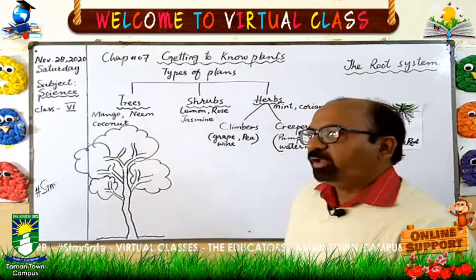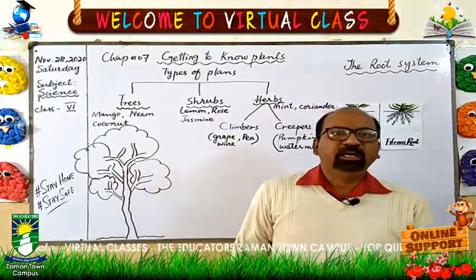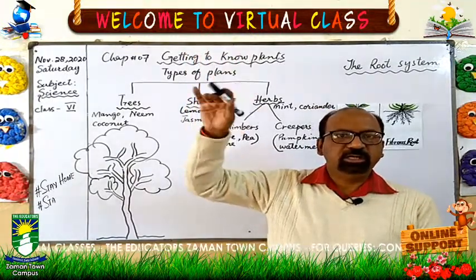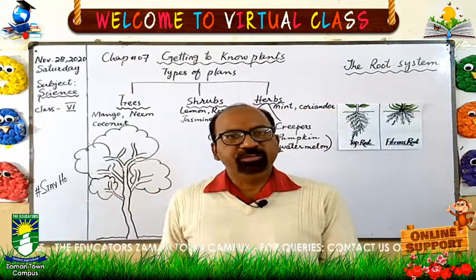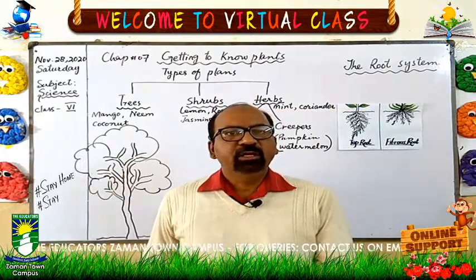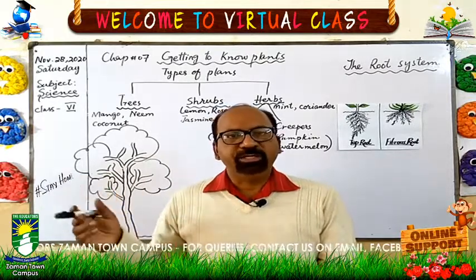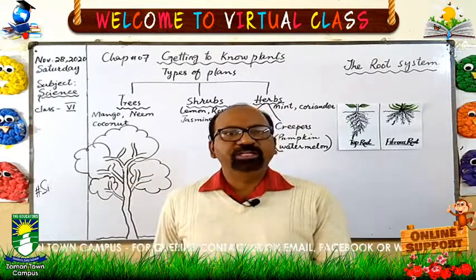Trees. When we say the word tree, definitely big and giant plants come into our mind. For example, the banyan tree, the neem tree, the maple tree, and a lot of other trees, mango trees or jamun trees, these are examples of trees.